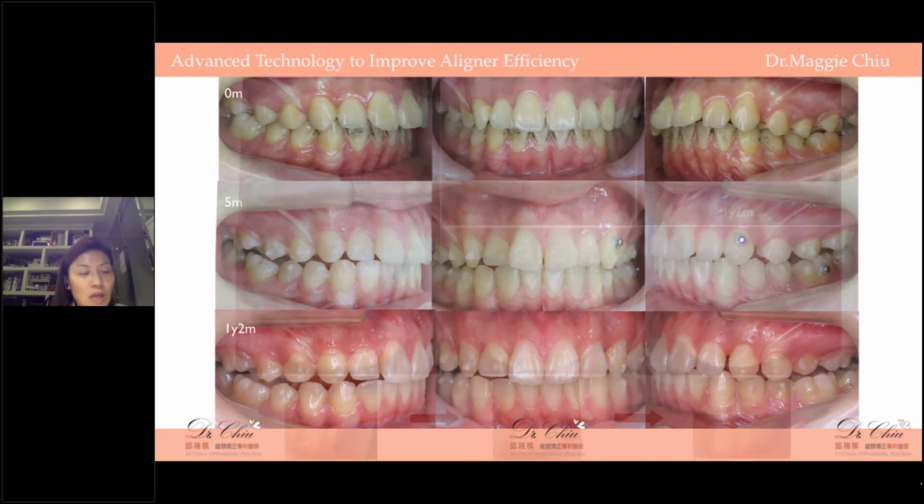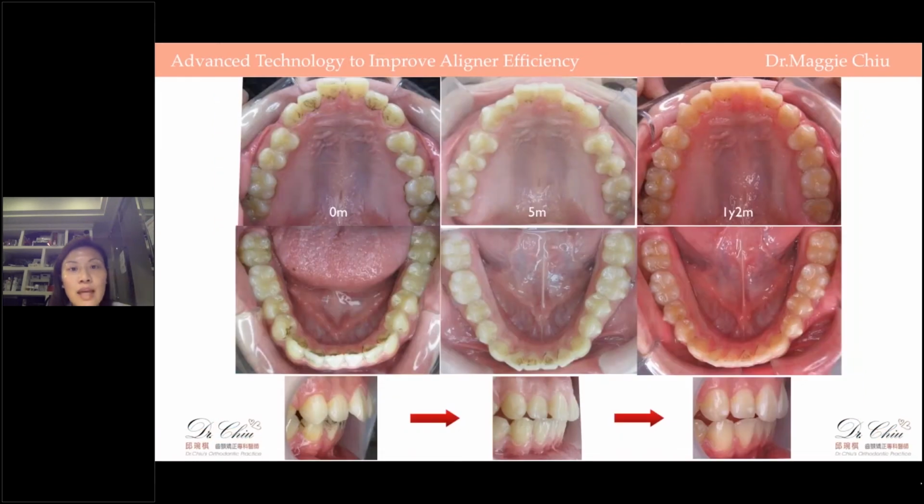This is the occlusal upper and lower view, okay? Decrowding is great. The arch form is good with the aligner system, okay? As all of you know, the number one most powerful mechanics of aligner is expansion, right? So nothing new with the upper and the lower arch.